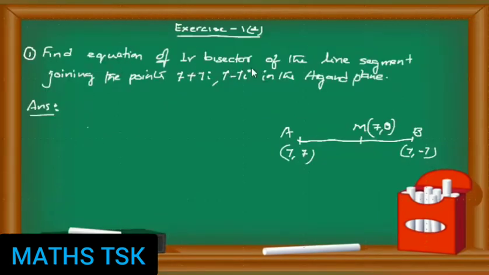Find the equation of the perpendicular bisector of the line segment joining the points 7 plus 7i, 7 minus 7i in the Argand plane.